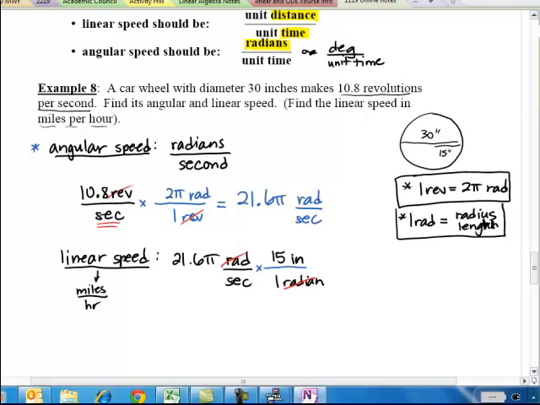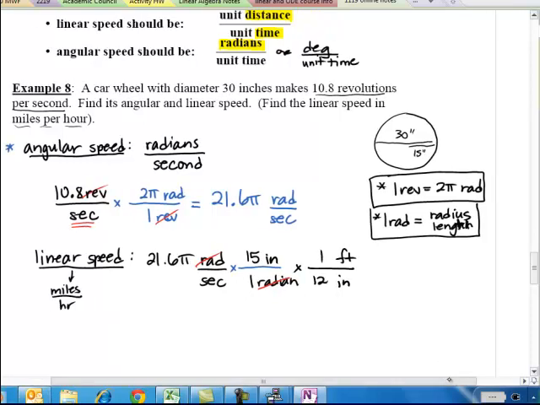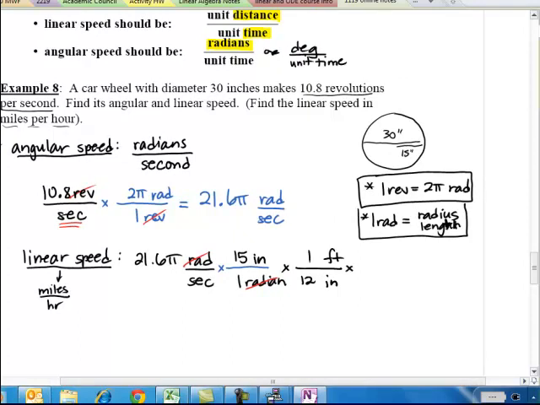And then we just need to get from inches to miles. So we can do inches to feet, feet in the numerator, inches in the denominator. We've got 12 inches in 1 foot. And then we can do feet to miles. Feet we want canceled, miles left. 5,280 feet in 1 mile. So now we've got miles like we want, but we want seconds to hours.